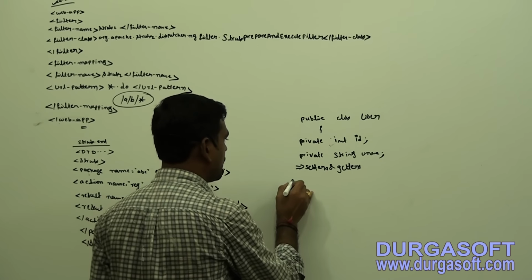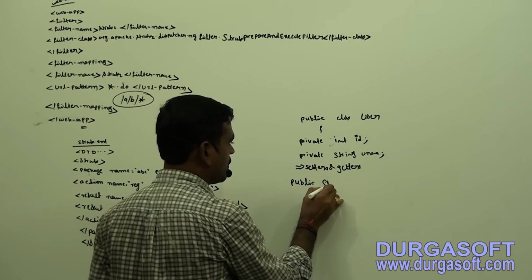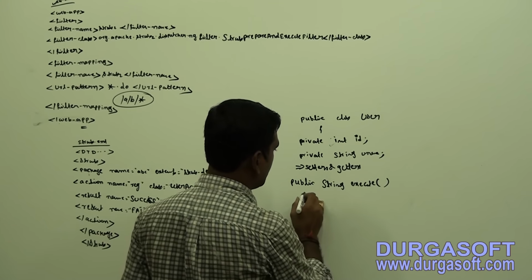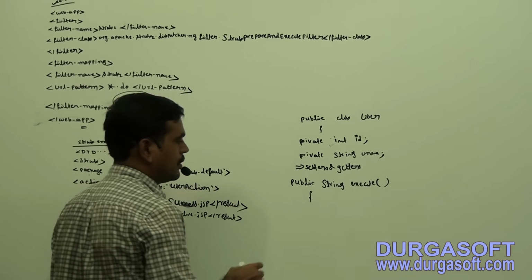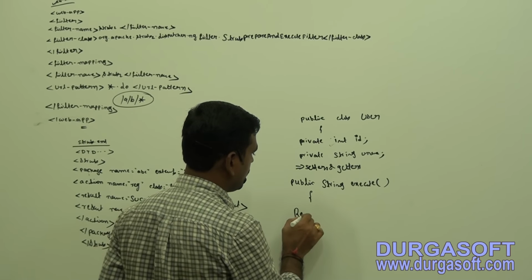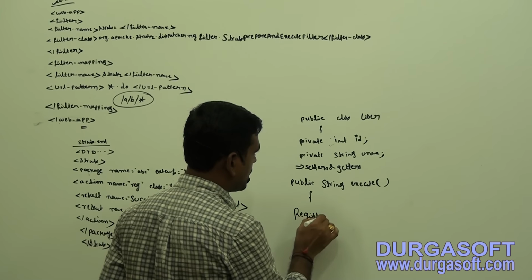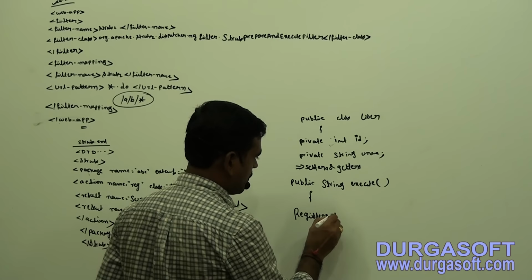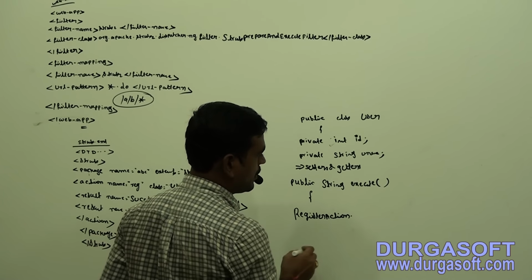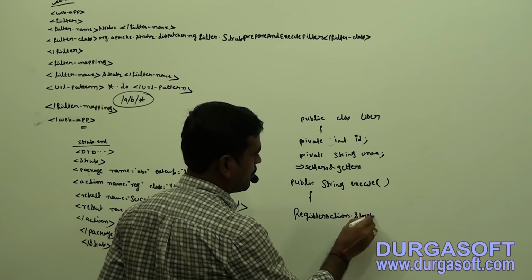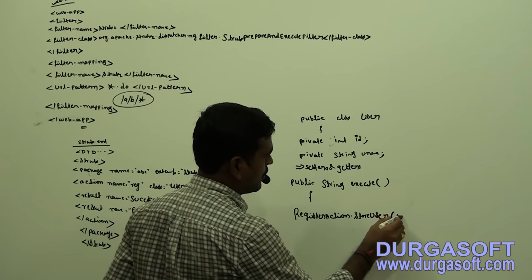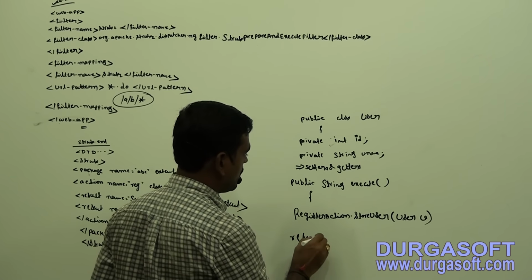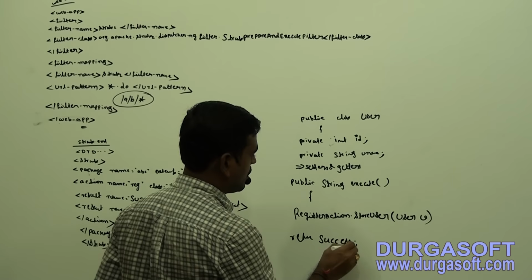Then next, public String execute, then RegisterAction.storeUser, that's enough, return success, close.